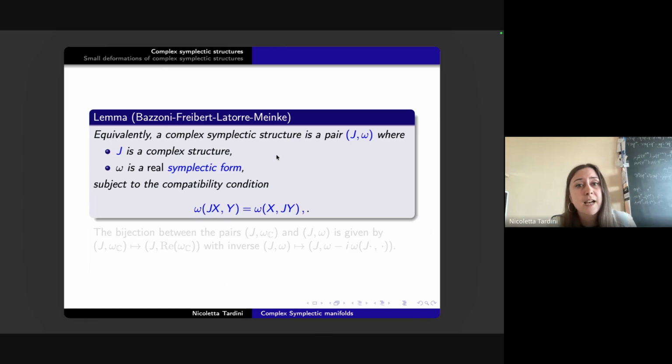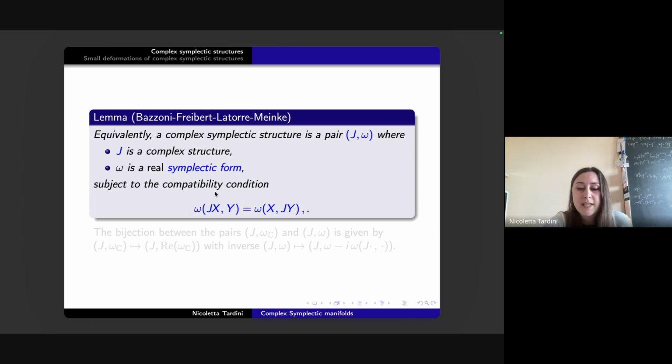So they proved that you can think of complex symplectic structures in this way: as a pair, you have J that is the complex structure, okay? And then what you have is a real symplectic form. So omega is a real symplectic form now, such that omega and J are related by this condition. So essentially, J is symmetric with respect to omega. Okay, so you have this nice compatibility relation between omega and J.